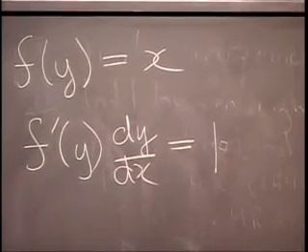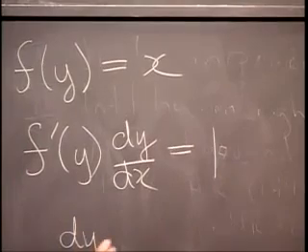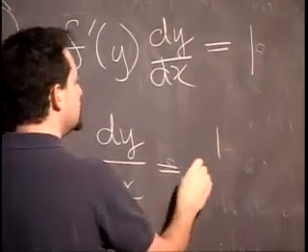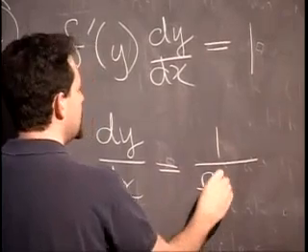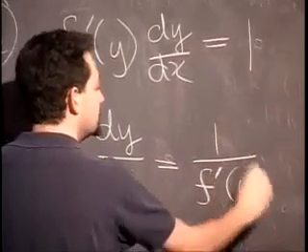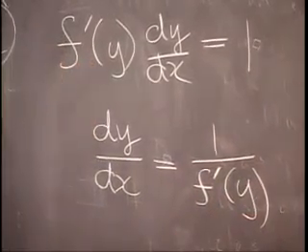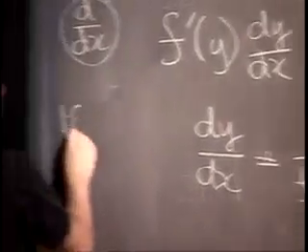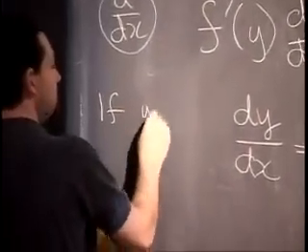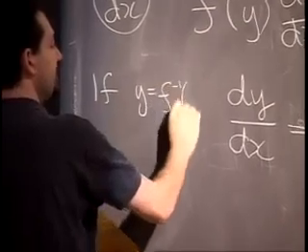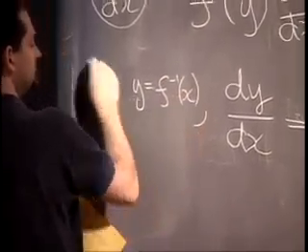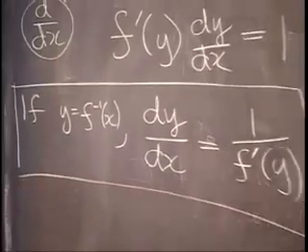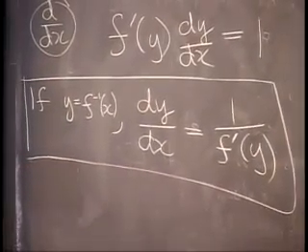So we can rearrange, and you get that dy dx is 1 over f prime of y. And maybe I'll summarize it. If y equals f inverse of x, dy dx is 1 over f prime of y.